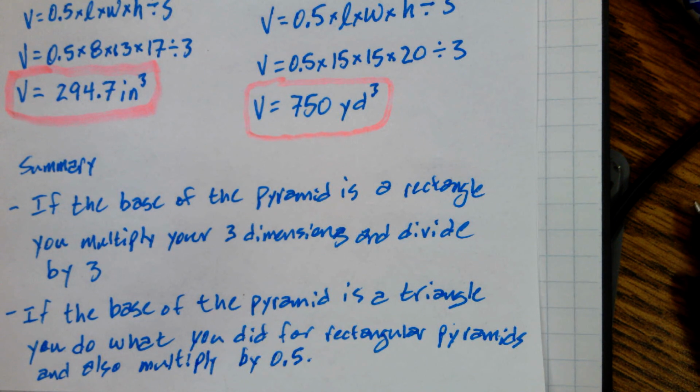Because that's the only confusion: when do I multiply by 0.5 and when don't I? When it's a triangular base.